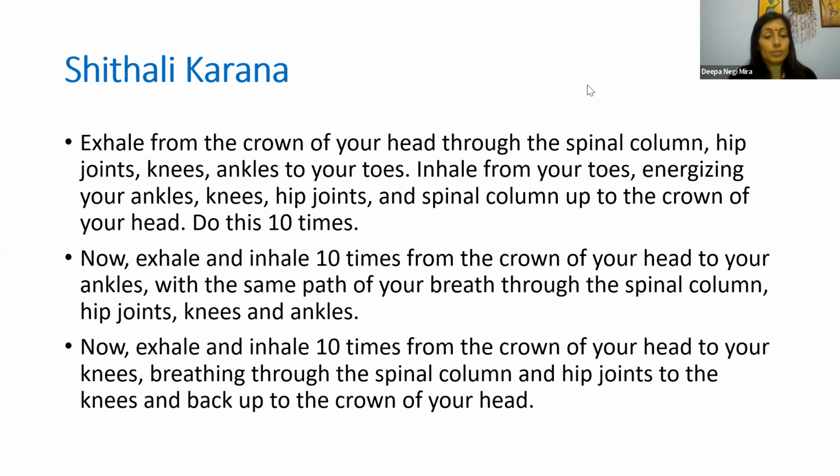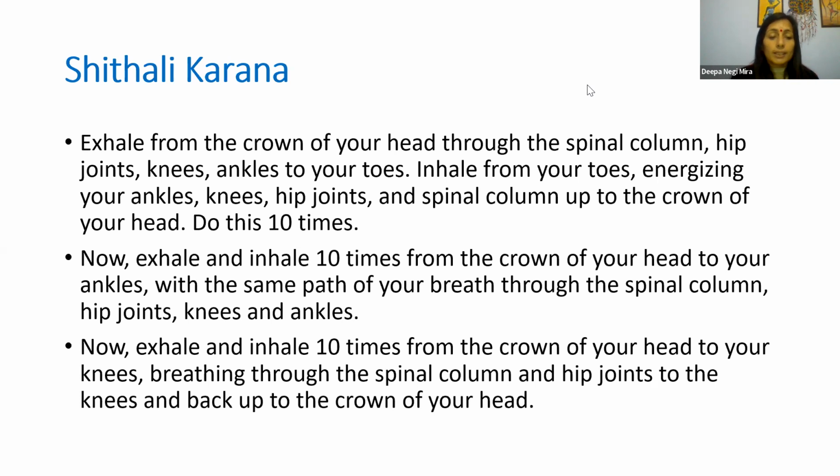Okay, so now 15 breaths are done. The next 10 breaths, what are we going to do? Now inhale, exhale, and inhale 10 times from the crown of your head to your ankle. This time we bring 10 breaths from the crown of your head to your ankle, with the same path of your breath through the spinal column to hip joint, knee and ankle.